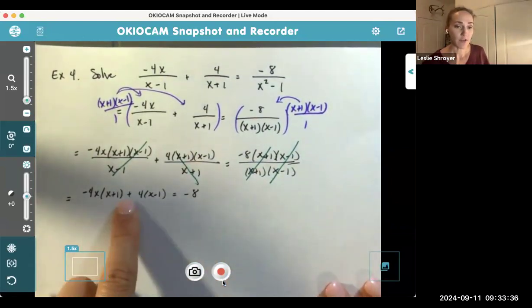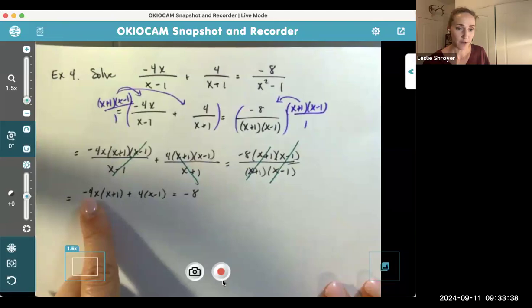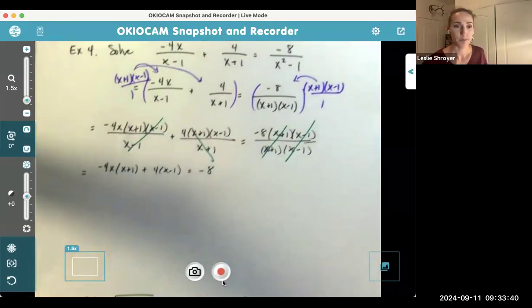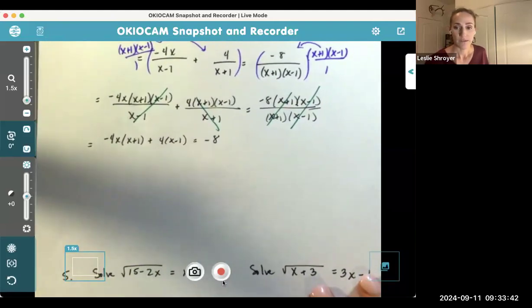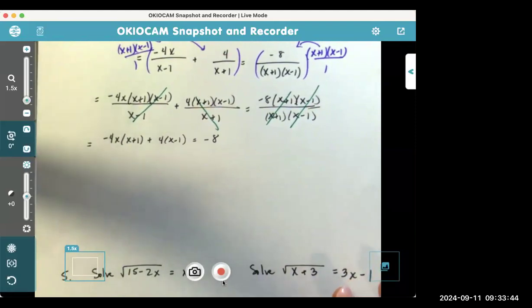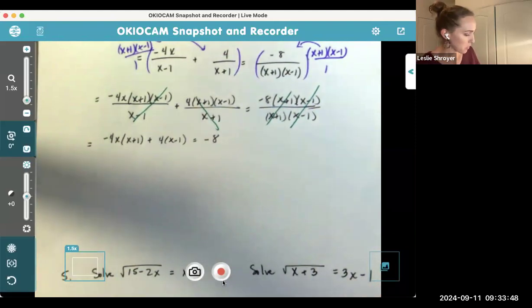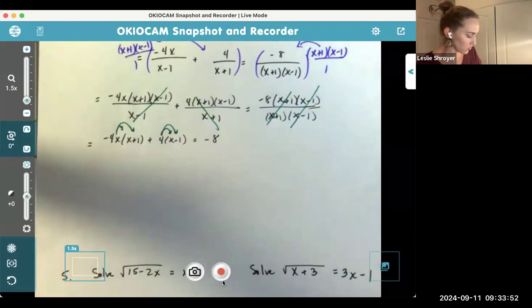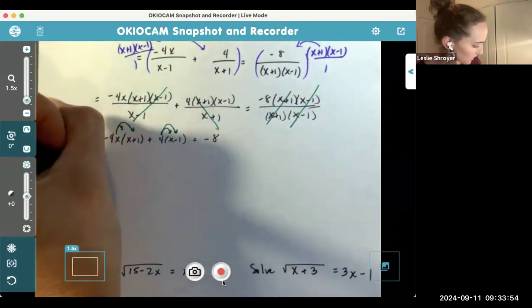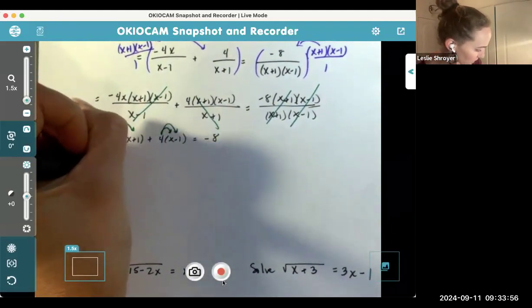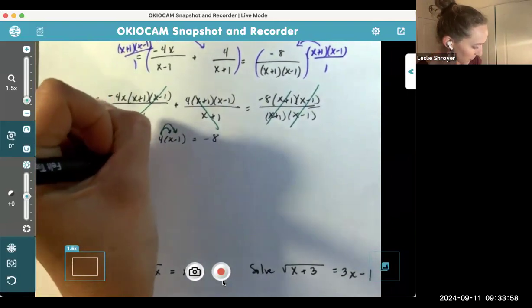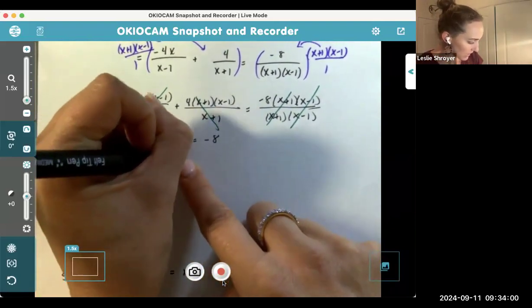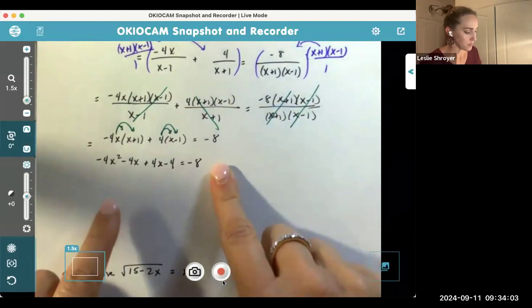So now what do we have to do with this negative 4x and this 4? There's the D. I'm gonna distribute. So this is where the quadratic situation comes into play. So I have negative 4x squared minus 4x, and then plus 4x minus 4 equals negative 8.